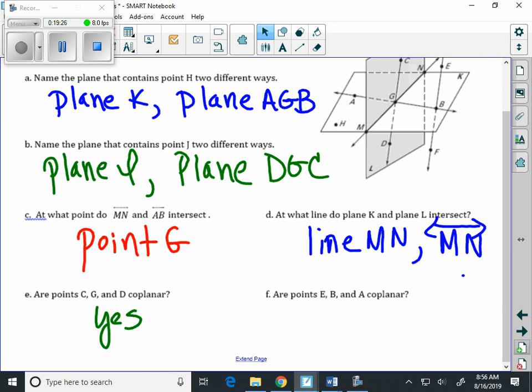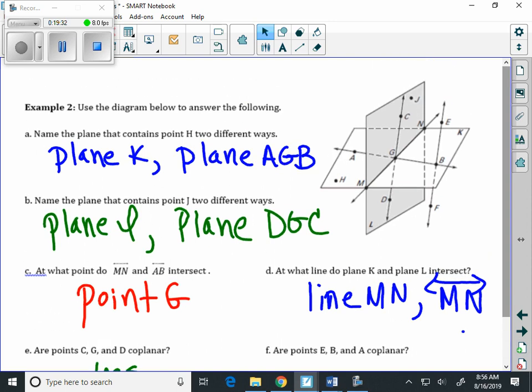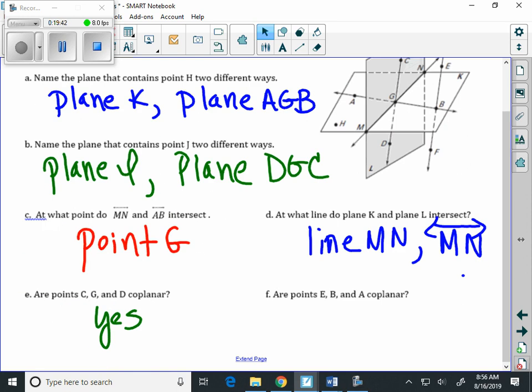And lastly, are points E, B, and A coplanar? Notice E is outside of that plane. It's outside of both of them. So no. E is outside of the plane.